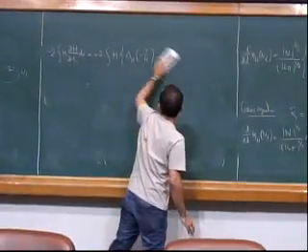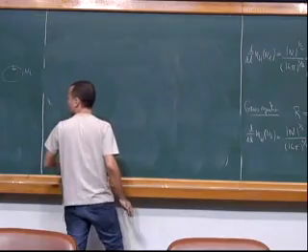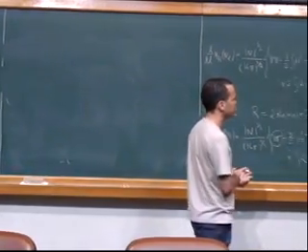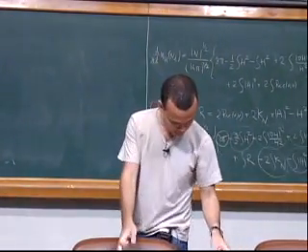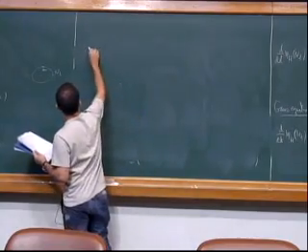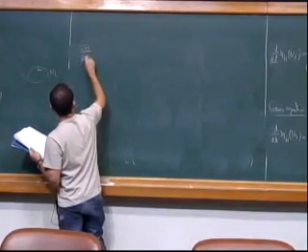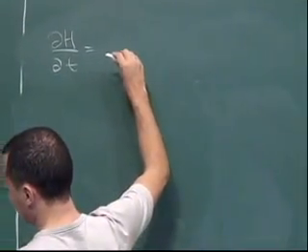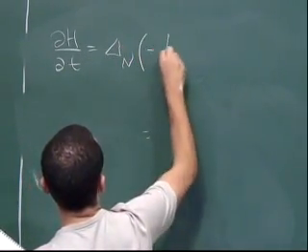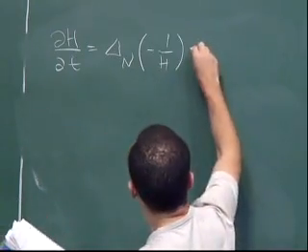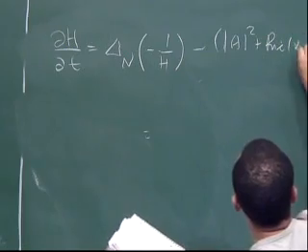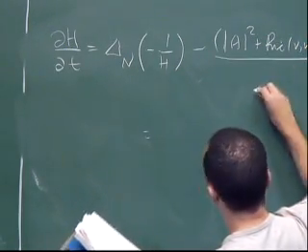Well, the idea is that we have almost everything. Let's see, I erased the equation for the mean curvature. Let me copy it here. Remember that the derivative of the mean curvature was given by the Laplacian of minus 1 over h, minus A squared, plus Ricci(nu, nu) divided by h.